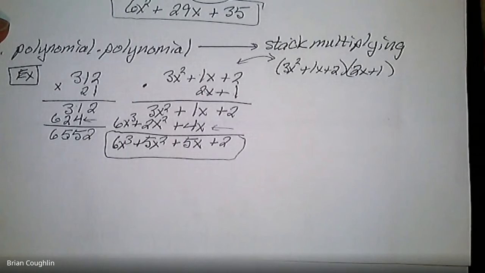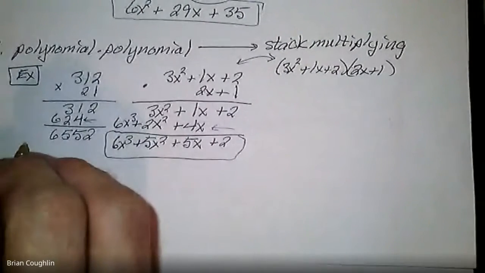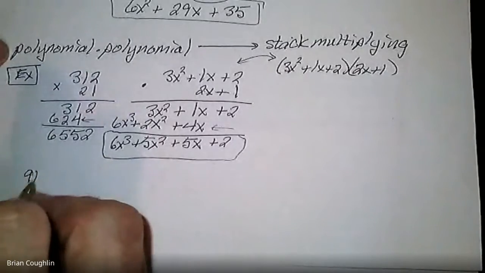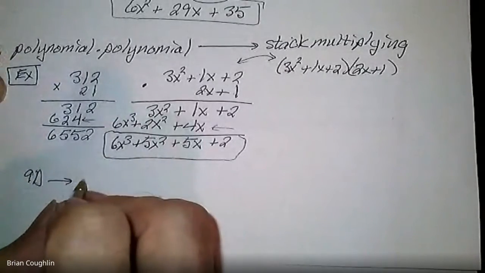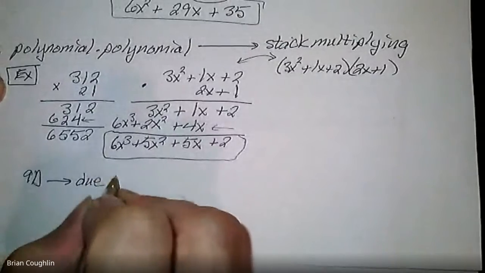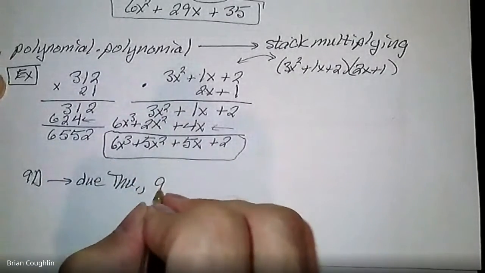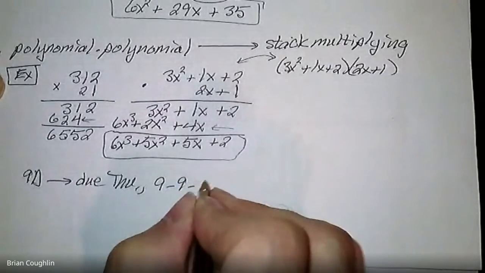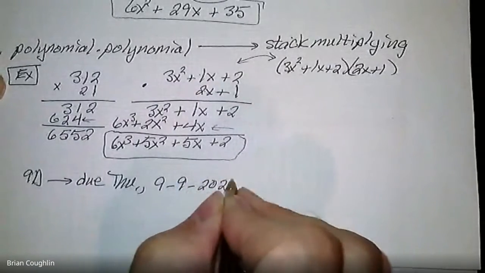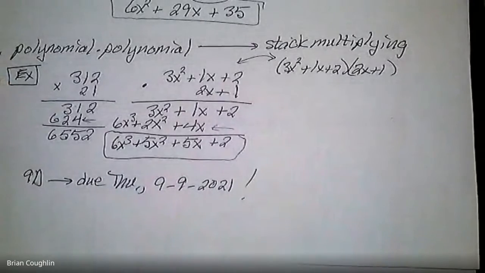We've got Algebra 1, homework. Yes. So it's 9D. 9D is in David. It is not due Wednesday. It is due Thursday, Thursday, September 9th, 2021.